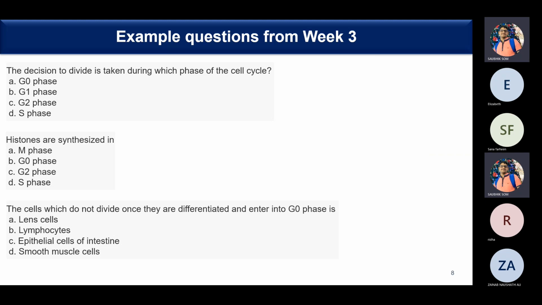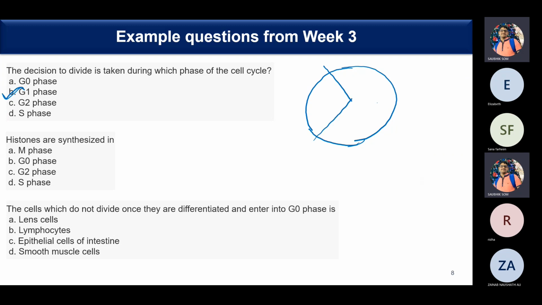The decision to divide is taken in the, of course, you all know, G1 phase. As sir told, we have several phases of the cell cycle, right?